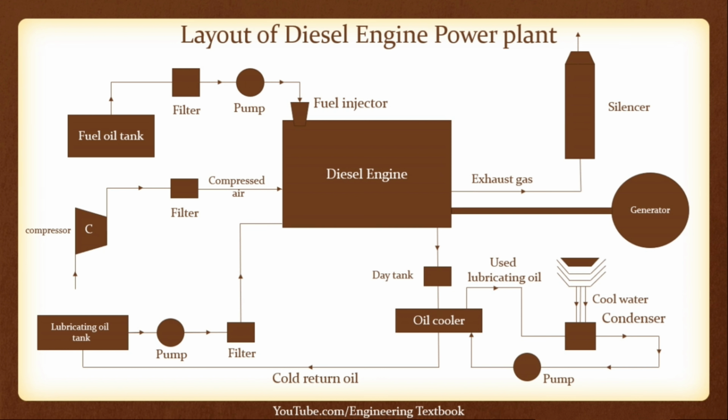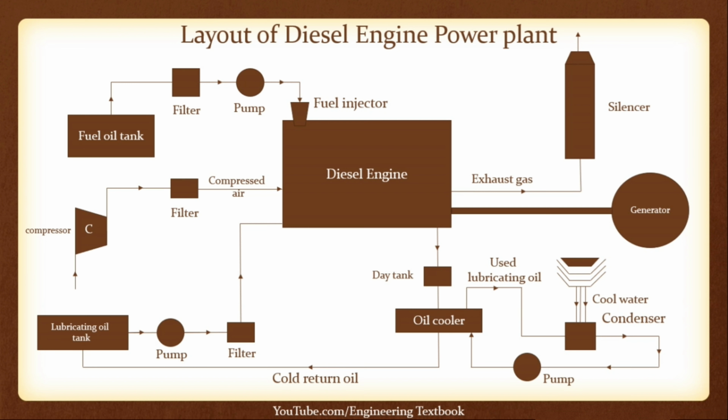Cooling system. Only a part of the heat released by burning of fuel is converted into useful work, and the rest of the heat is passed through the cylinder wall, piston rings, etc. This heat may cause damage to these parts of the system.